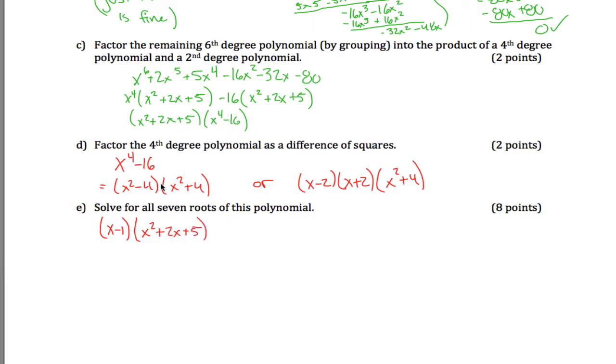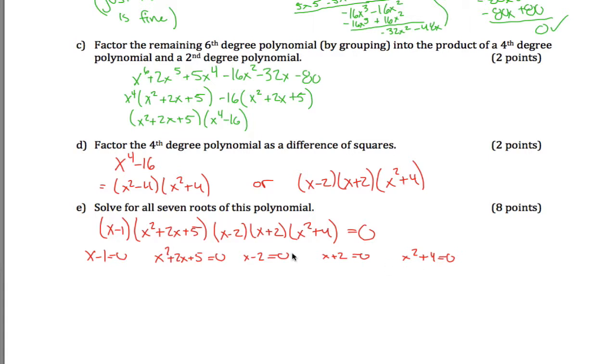Oh wait, but this guy was this times this. x squared minus 4, actually, I'm going to use this form of it: x minus 2, x plus 2, x squared plus 4. Something like that. And so I want to find the roots. I set it equal to 0. It tells me that either x minus 1 equals 0, x squared plus 2x plus 5 equals 0, x minus 2 equals 0, x plus 2 equals 0, or x squared plus 4 equals 0.